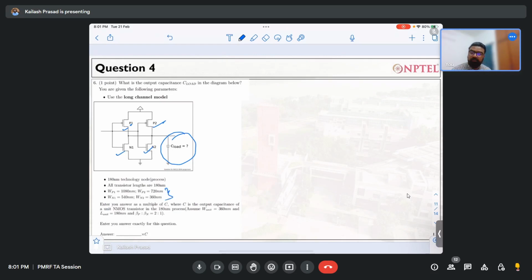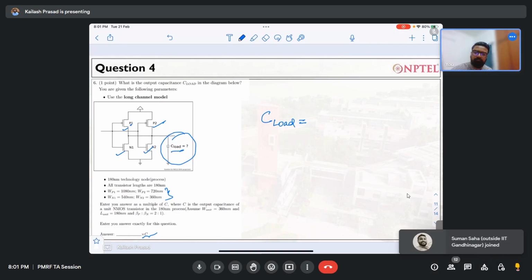These are the widths, and you have to tell the answer in terms of C. Unit capacitance is C, so what will be the final C load here?